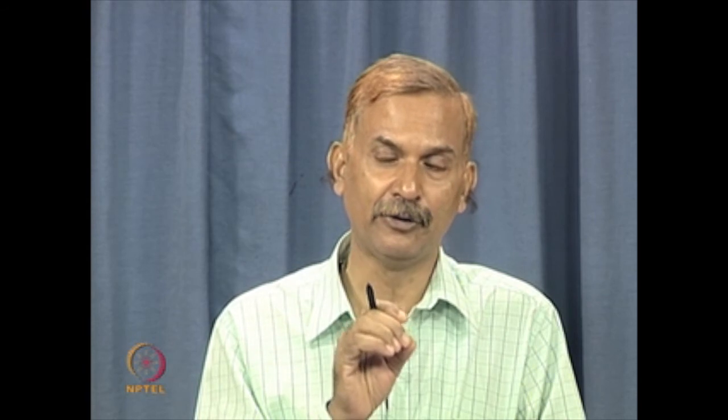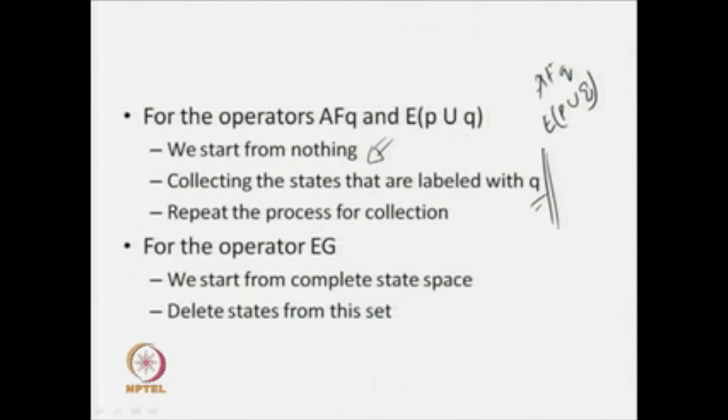While repeating, we are traversing the entire state space and collecting more and more states, adding more and more states, and we repeat this procedure until the point where we cannot add any more states. Okay, so this is the procedure. That means we are starting from a minimal set and trying to collect more and more states, and eventually we stop at the point where we cannot collect any more states. So, this is the approach that we have used in case of AF and EU.